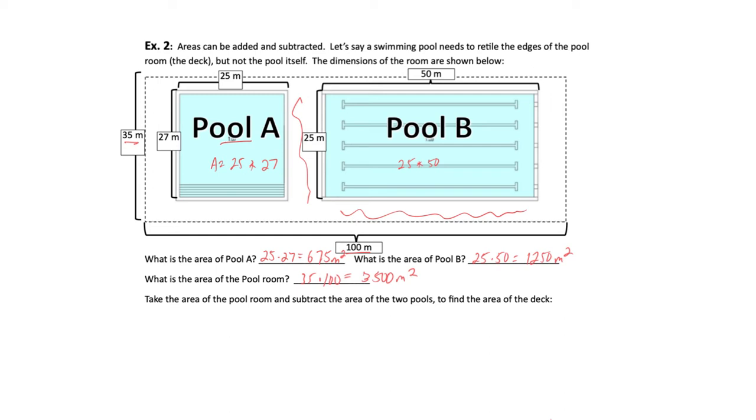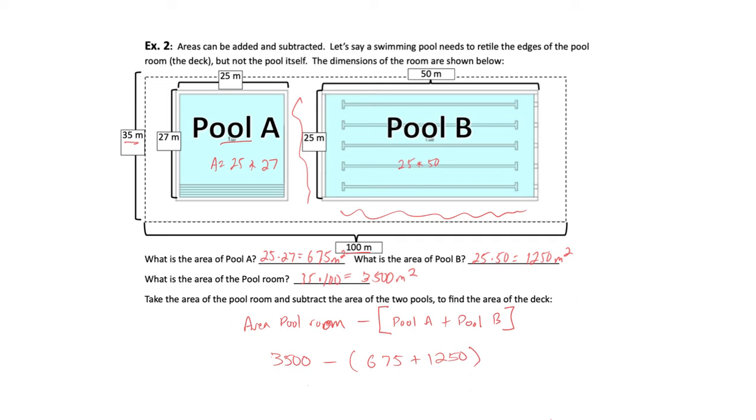To do that, we take the area of the pool room and we subtract from it the two areas of pool A and pool B. So we do 3,500 minus 675 plus 1,250.